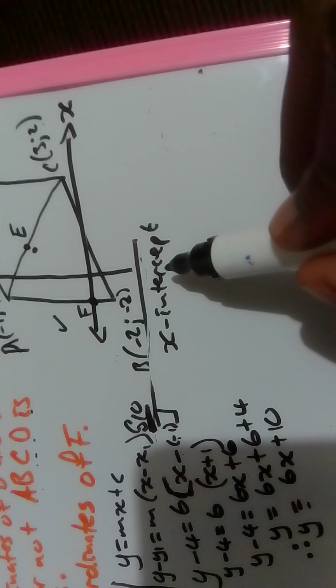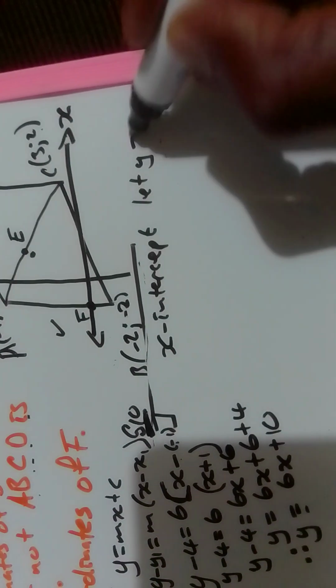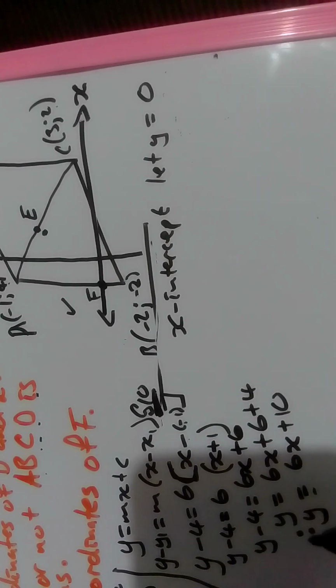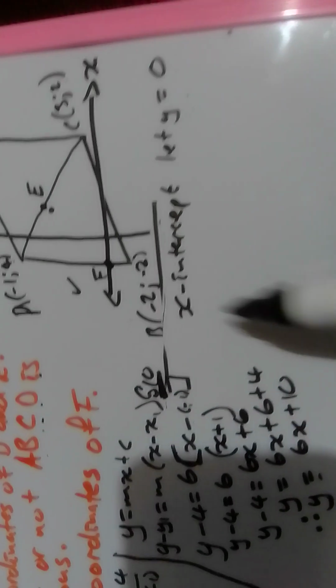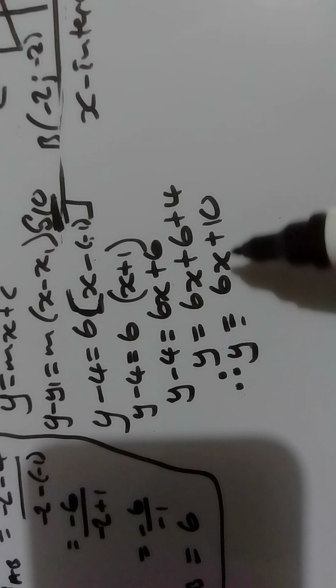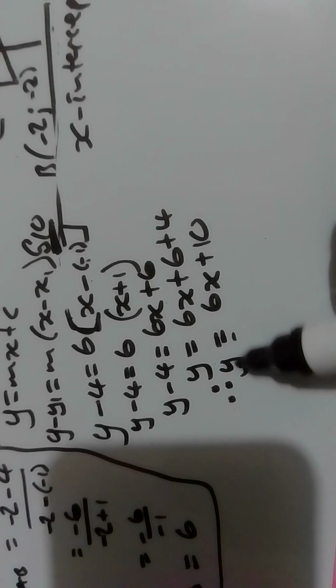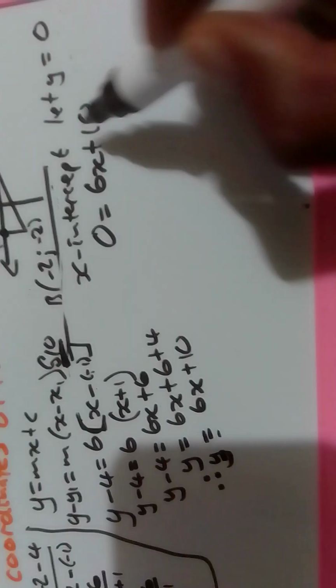So whenever you're dealing with the x-intercept, immediately you say let y equal to 0. Where there is y, you write number 0. Because we're dealing with the x-intercept, on this equation that we found, y is equal to 6x plus 10, where there is this y, we put 0. So we write 0 is equal to 6x plus 10.